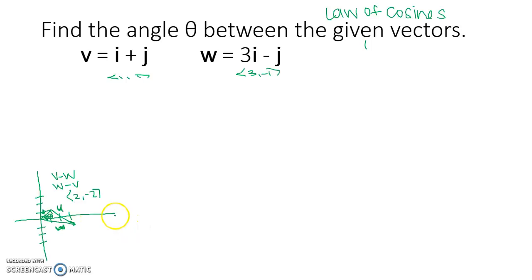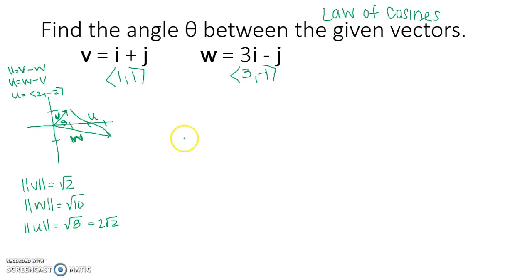I would say let's take a second and go ahead and find your magnitudes for all three of those, because you will need those. Remember, magnitudes in this case, I mean it's a triangle, are essentially just the length of each side. So you're doing law of cosines to find this angle, you have the length of all your sides. Go ahead and set up your law of cosines to find an angle.